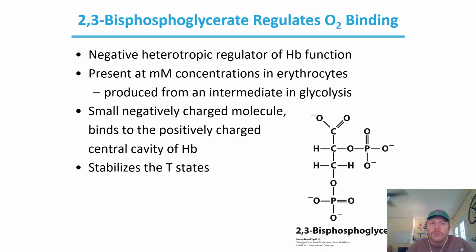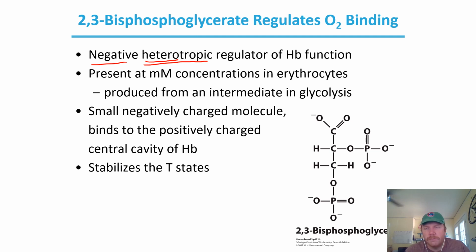2,3-bisphosphoglycerate regulates O2 binding. Now, this is a negative heterotropic regulator of hemoglobin function. So negative heterotropic. Let's look at heterotropic and think back to homotropic. O2 is a homotropic regulator of hemoglobin because it's its native ligand.